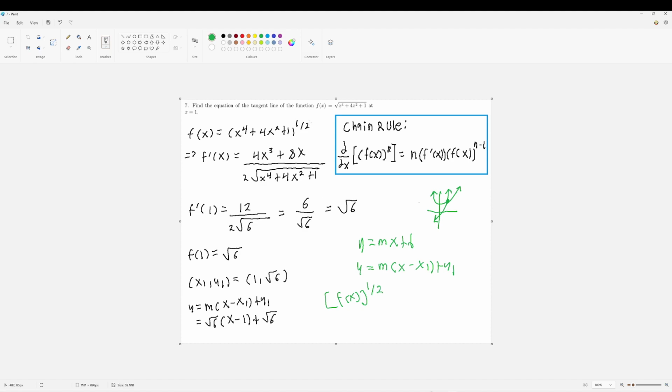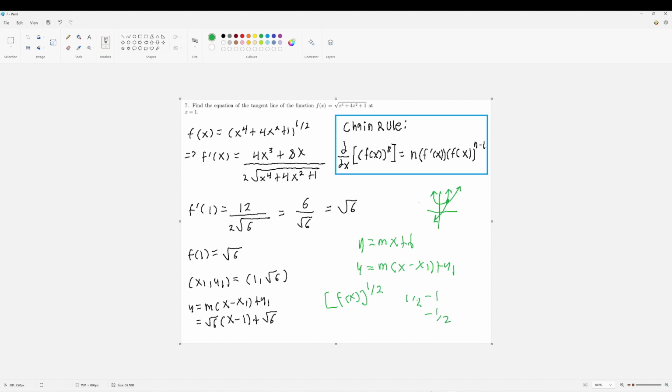So we bring the half down times the derivative of the inside. x to the 4 goes to 4x cubed. 4x squared goes to 8x. And then over, we have the original, 1 over 2 times the original to the half minus 1, that's going to go to negative a half. So we write it on the bottom as a square root.